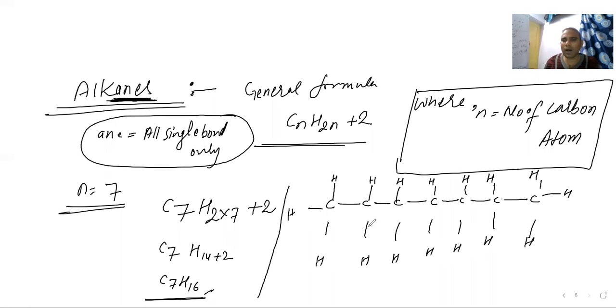So 16 came. This is known as the complete formula, because we represented all the bonds.